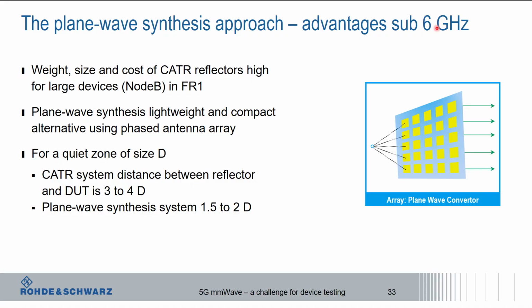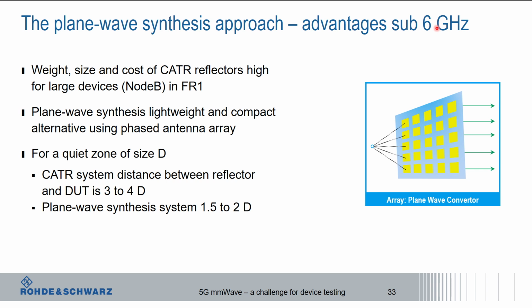The reason for doing this rather than CATR is that CATRs become really, really big for big devices at low frequencies. So they become big, expensive, large and heavy, hard to handle, hard to manufacture as well. And with plane wave synthesis, it's much more compact and lightweight compared to a CATR reflector.